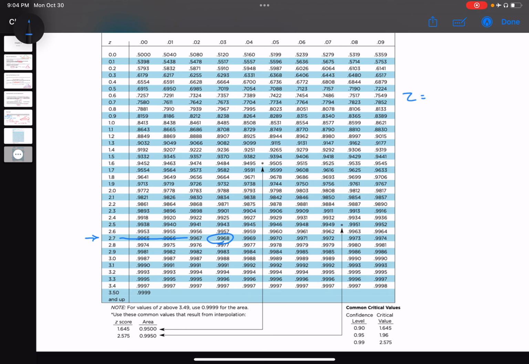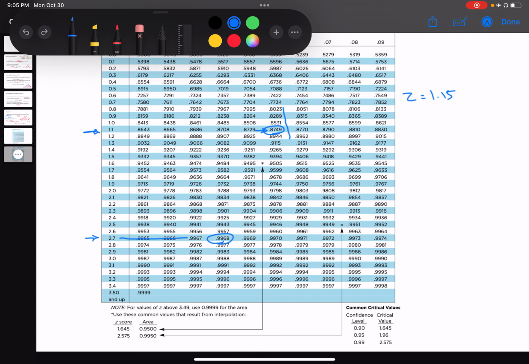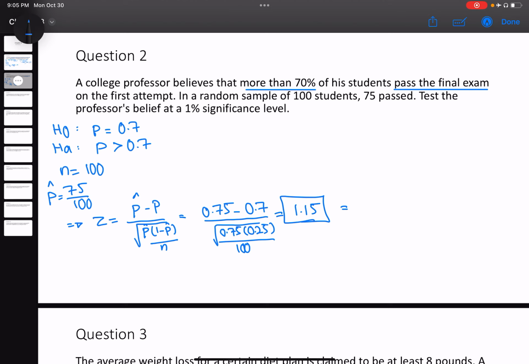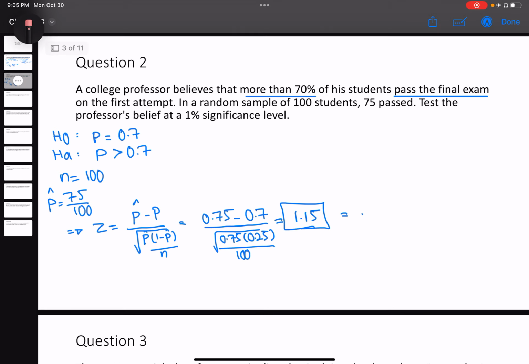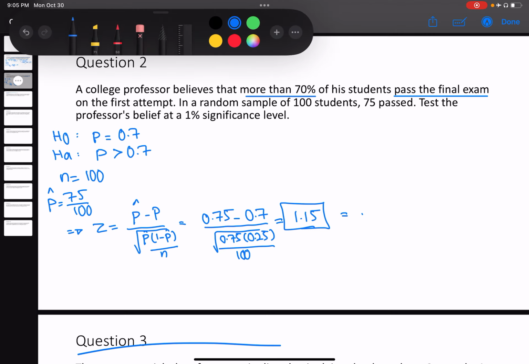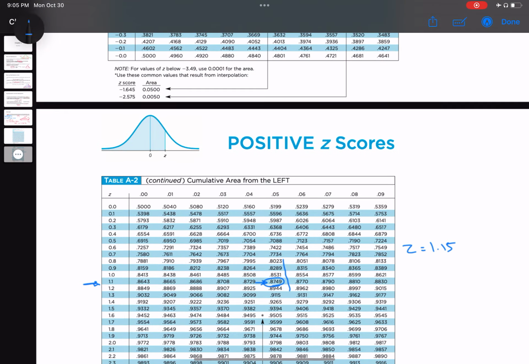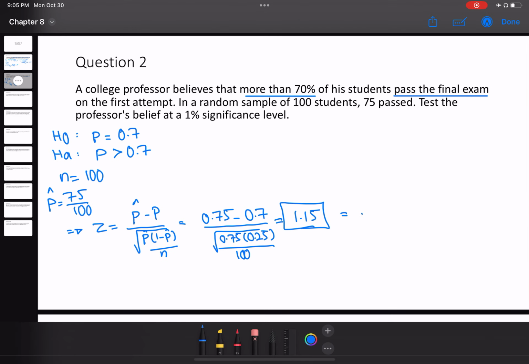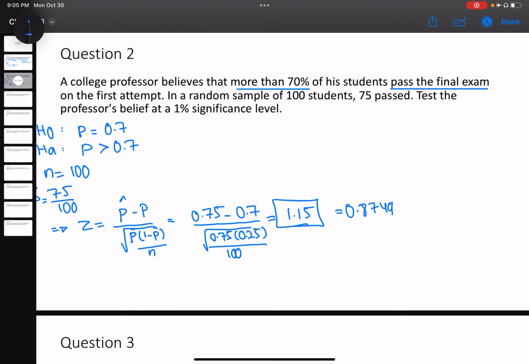The probability of z equal 1.15, 1.1 and 5, will be 0.8749.